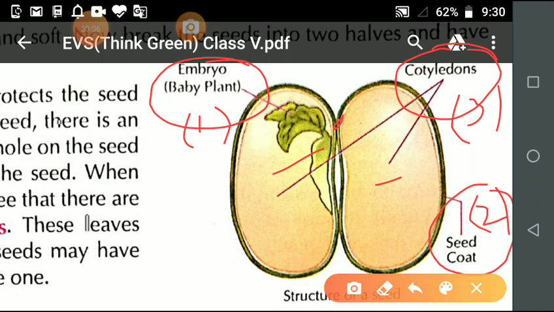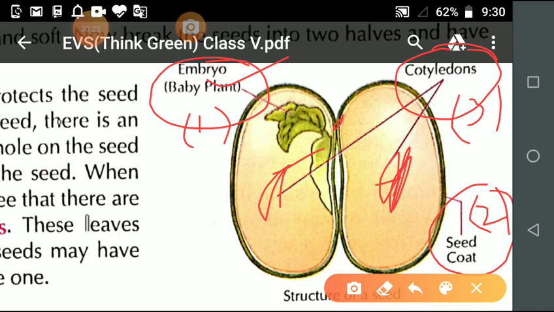Student, try to understand. Cotyledon is the part of the seed that has stored food for the growth of the embryo. See here, you will see a very small part. And what is this? This is cotyledon, this part, this part. This is the food of the embryo. Is it clear?